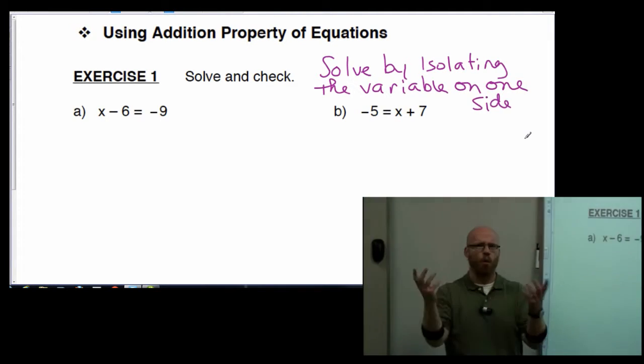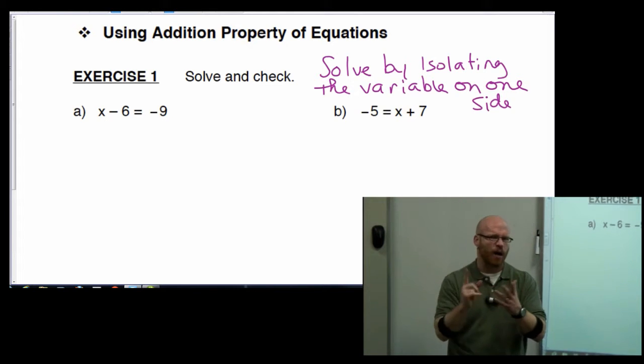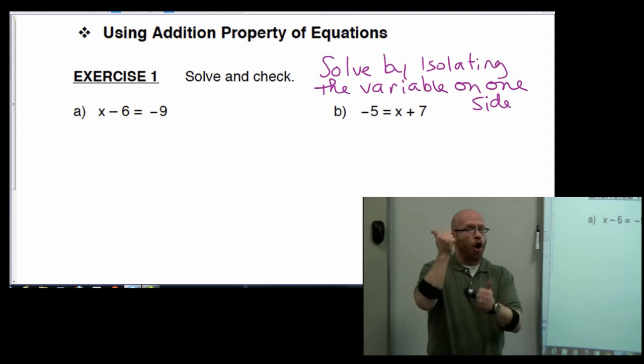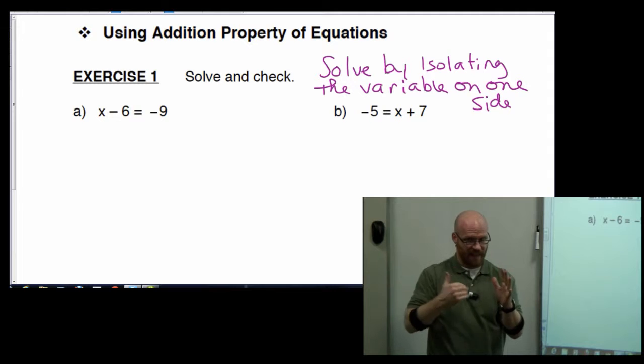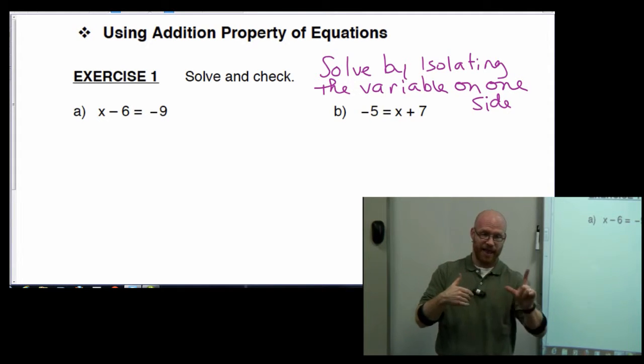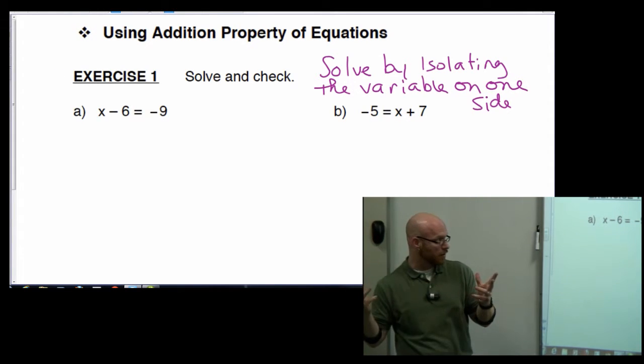All equations, if they have an equal sign, have a left side and a right side.